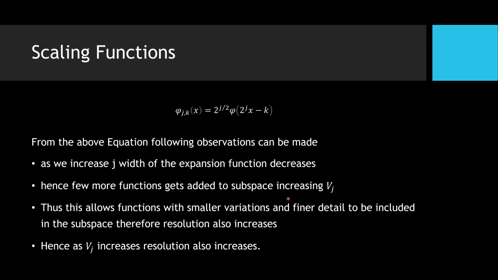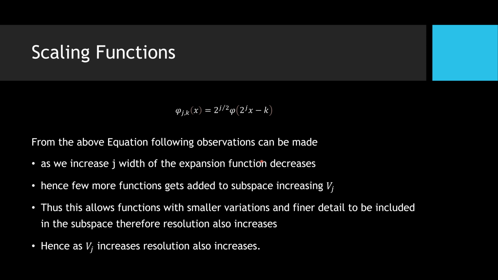The advantage here is that it allows functions with smaller variations and finer detail to be included in the subspace, therefore resolution also increases. As the expansion functions become narrower and narrower, we can use them to represent smaller variations and finer detail included in the subspace.